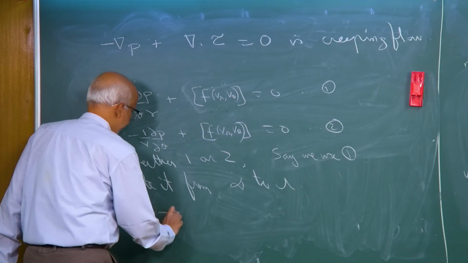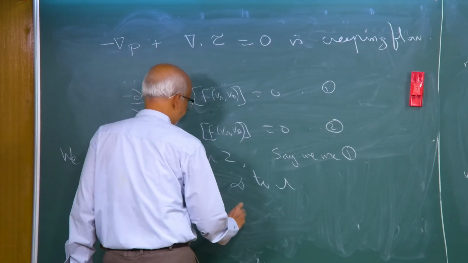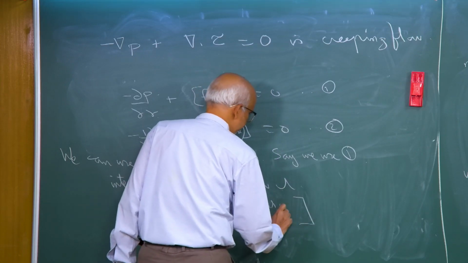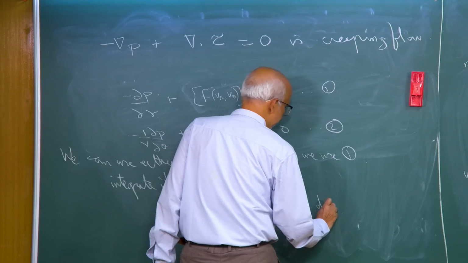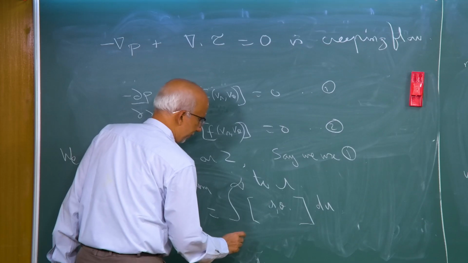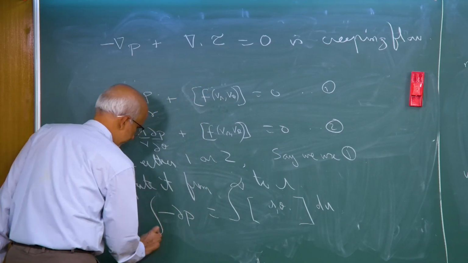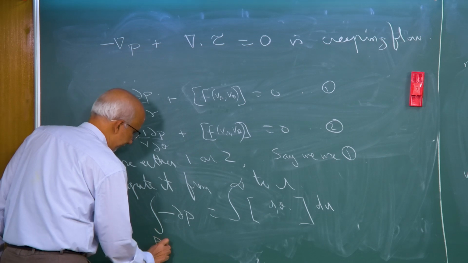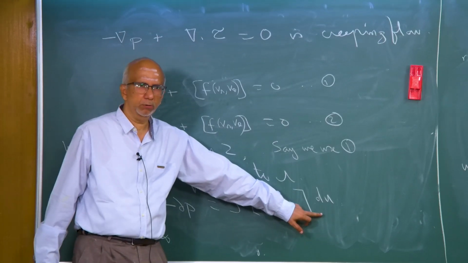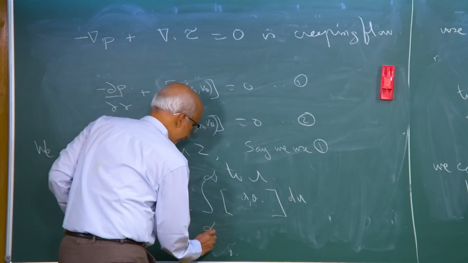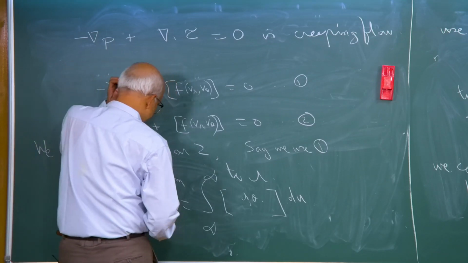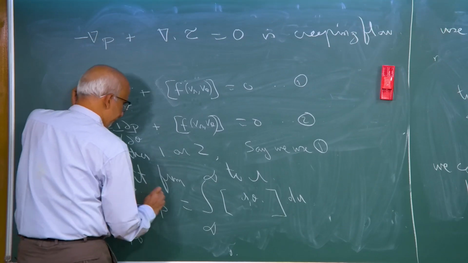So, minus dp will be some function of r and theta, okay, times dr integrated from, if it is p infinity here, that corresponds to r equal to far away. So, the lower limit will be infinity, and if it is the surface here, or some arbitrary p, it is some r.